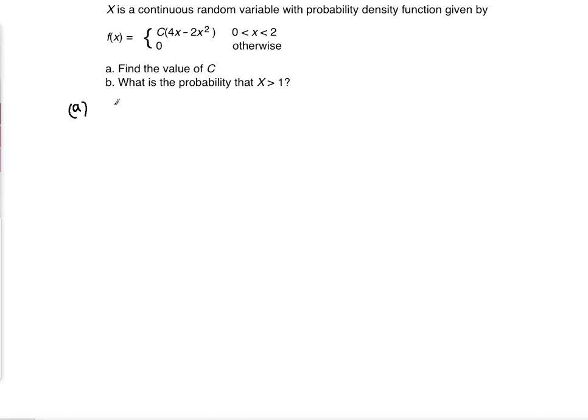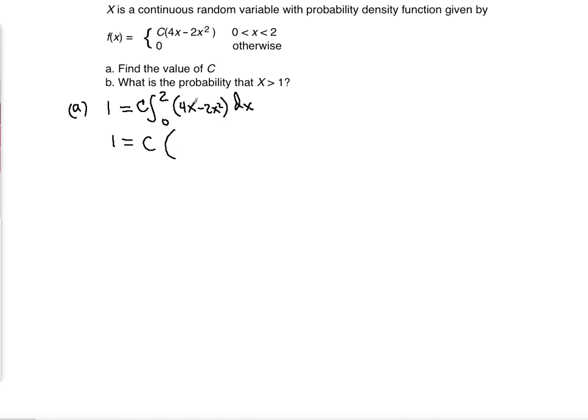Okay, so 1 is equal to the integral from 0 to 2 of the given function. I'm going to place c outside because it's a constant, and I'm going to put in the integrand the function 4x minus 2x squared dx. Now we will have the antiderivative, right?